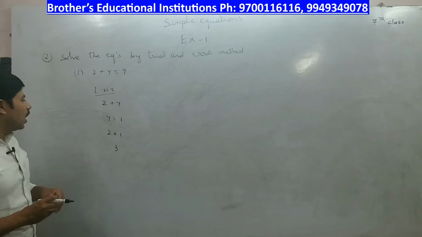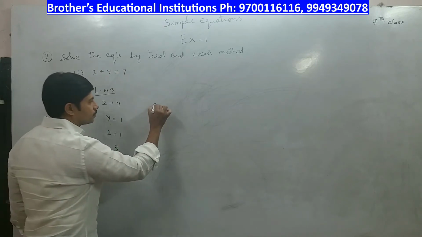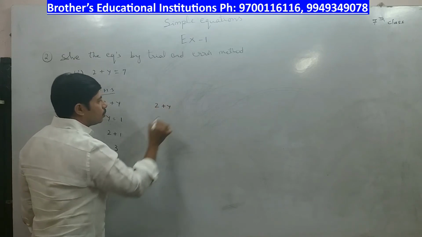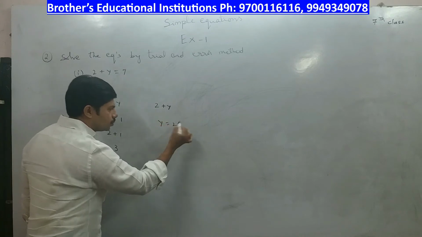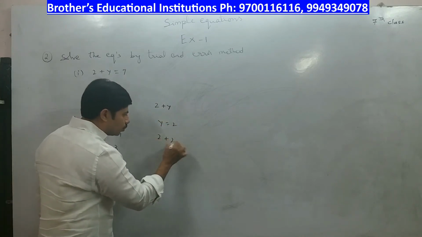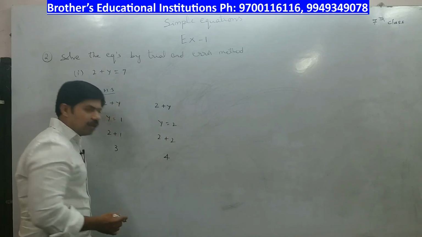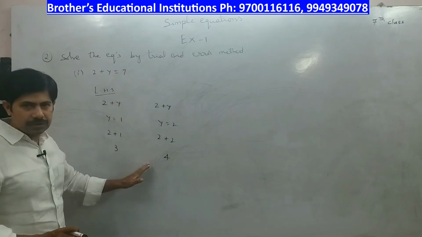Again I take 2 plus y and assume y as 2. 2 plus 2 is clearly 4, but RHS is 7, so this is not a solution.